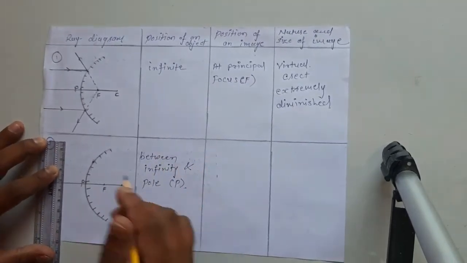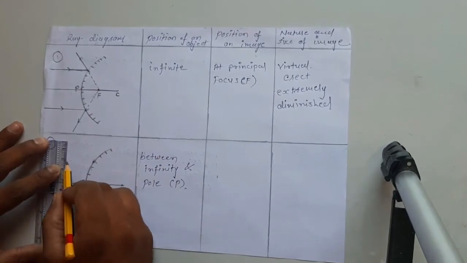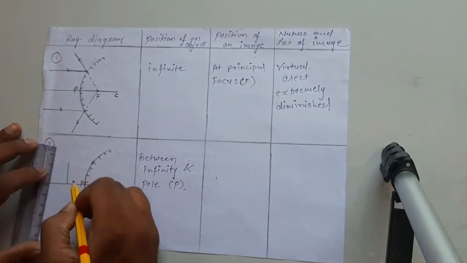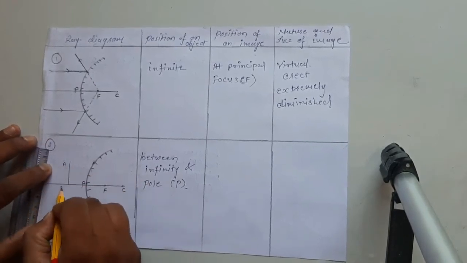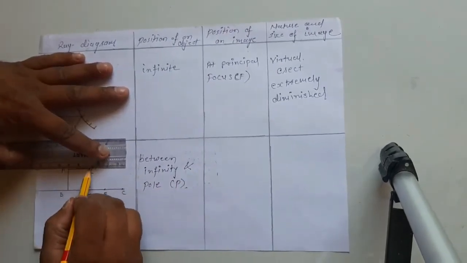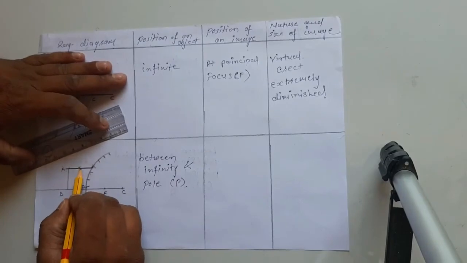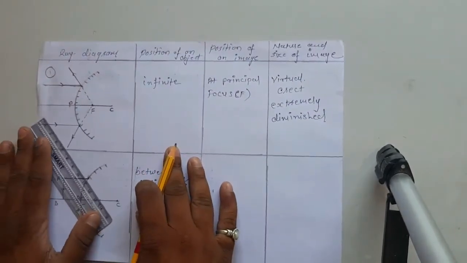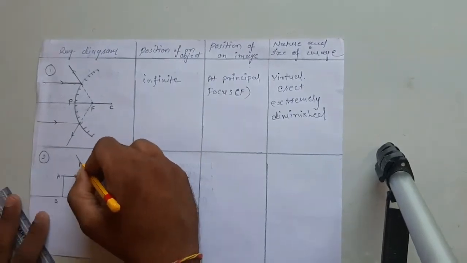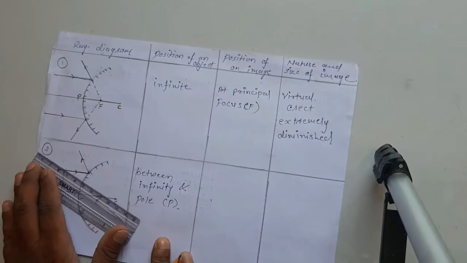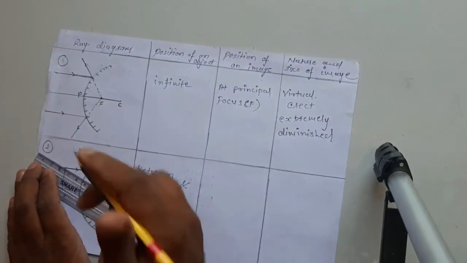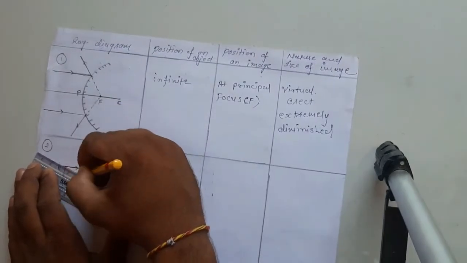In the second case, when our object is placed between infinity and pole P, suppose here I am taking our object AB. According to the first rule, the parallel light ray which is incident like this, it's a diverging mirror, so it is going to get reflected back like this. And the second ray, when it passes from C, we will get it back in the same direction.